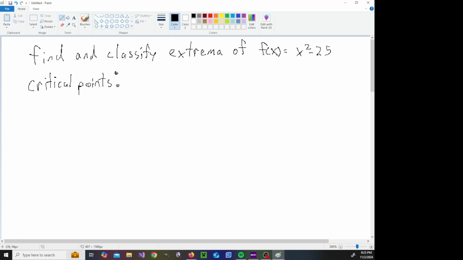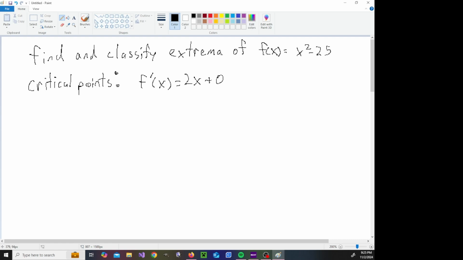So we need to take the derivative of this function. The derivative of minus 25 is 0, which doesn't do anything. The derivative of x squared is 2x.